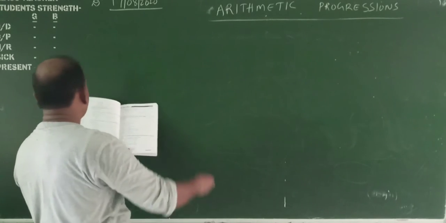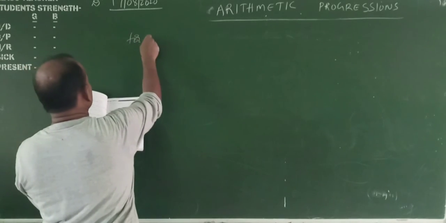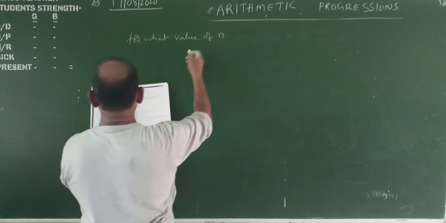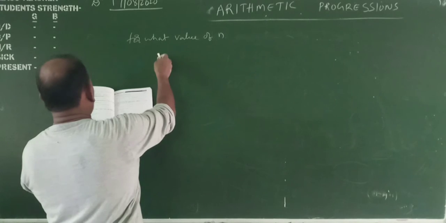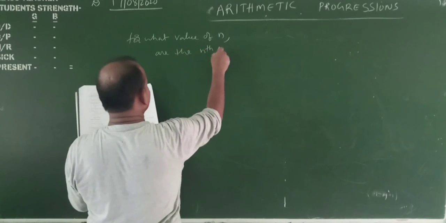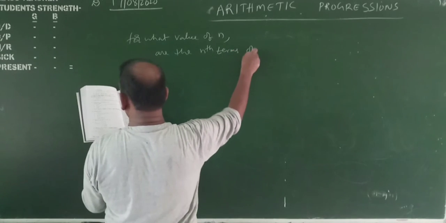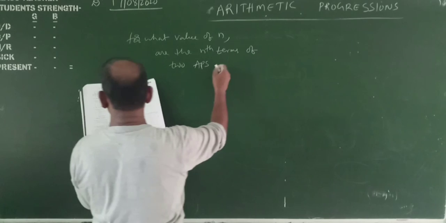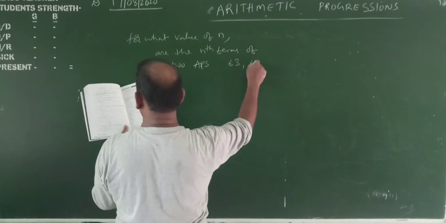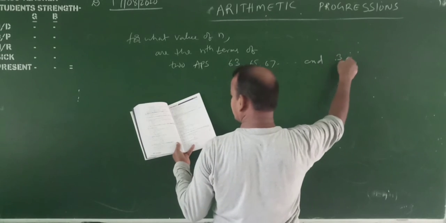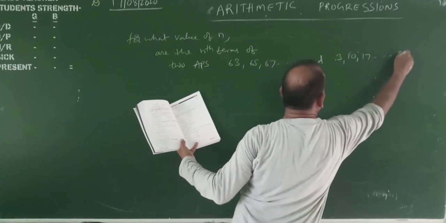For what value of n are the nth terms of 2 APs, 63, 65, 67 and so on, and 3, 10, 17 and so on, equal?